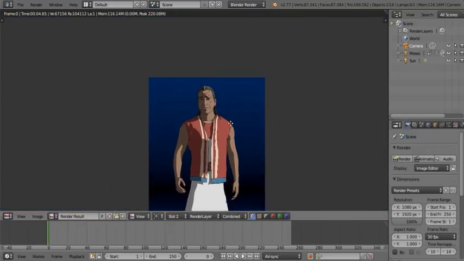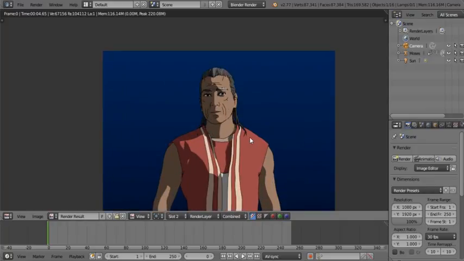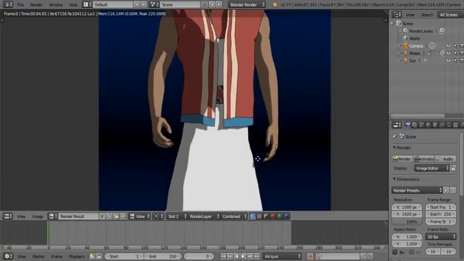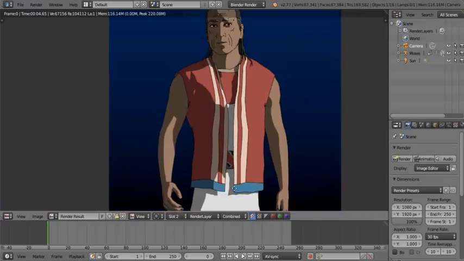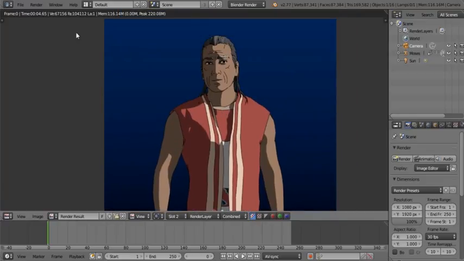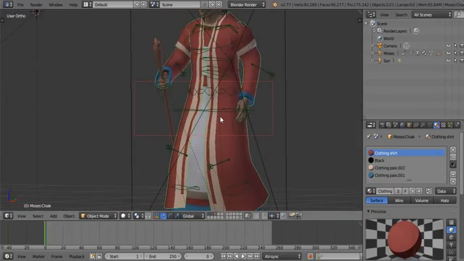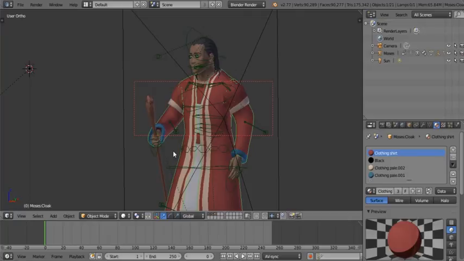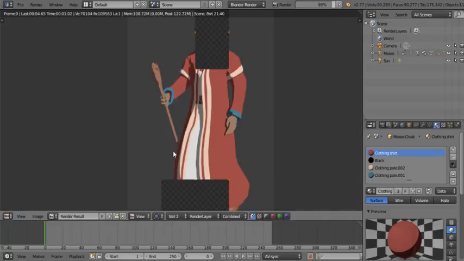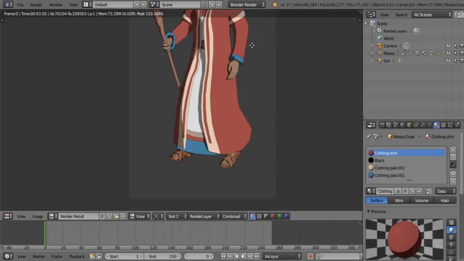Now I'm still working on the second one because my focus yesterday was on the first one, but I definitely want to make two characters using Moses, so I just want to show you the second one as well. As you can see here, I haven't really gotten to modifying him excessively, but this is pretty much what he looks like at the moment.